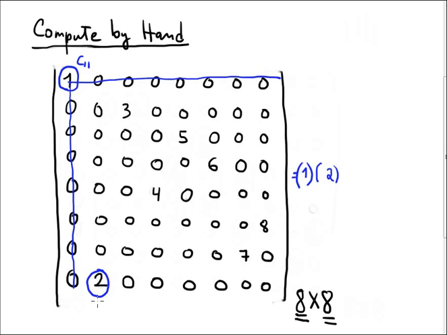The position is cofactor row 8, column 2. 8 plus 2 is 10. It's even, it's positive. And of course you delete this row and this column. And we obtain a new determinant, que es 6 by 6.